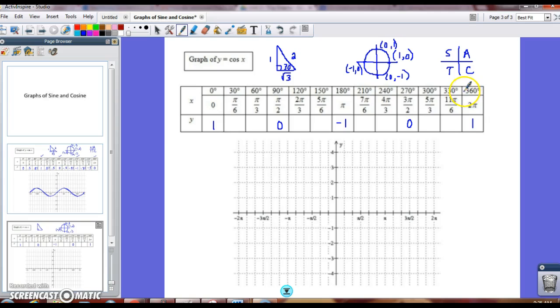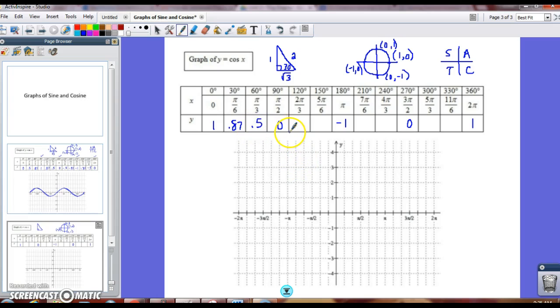Okay, so those are the things we need to help us get all these values. The cosine of 30 is root 3 over 2. We figured out the last time root 3 over 2 as a decimal is 0.87. The cosine of 60 then would be 1/2 or 0.5.